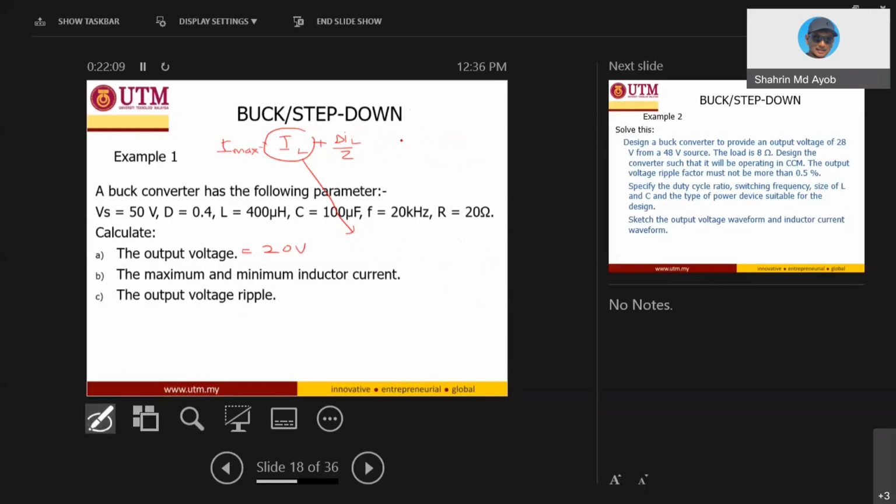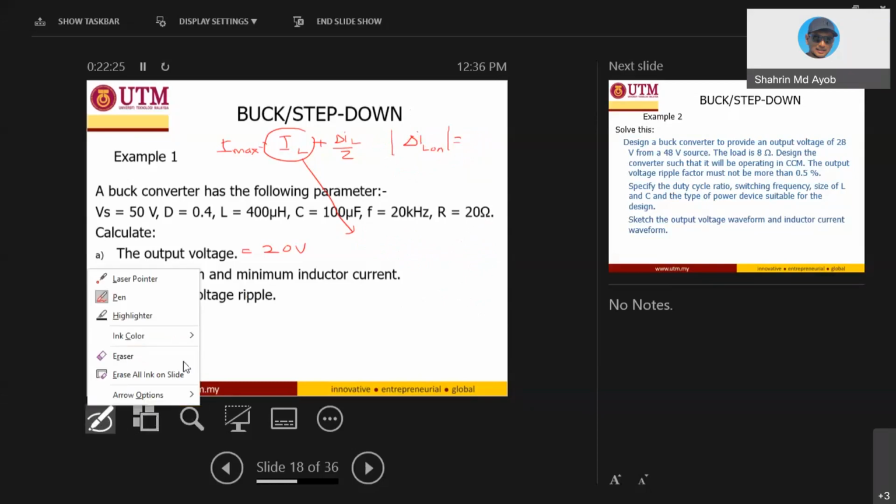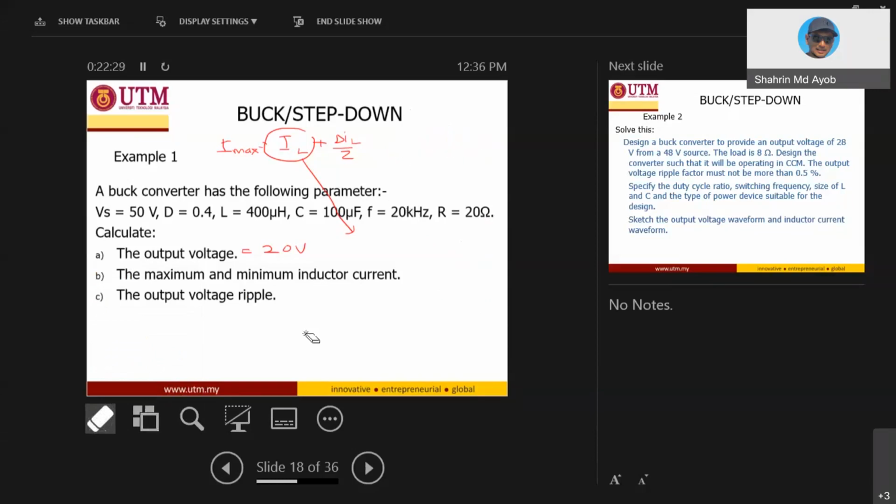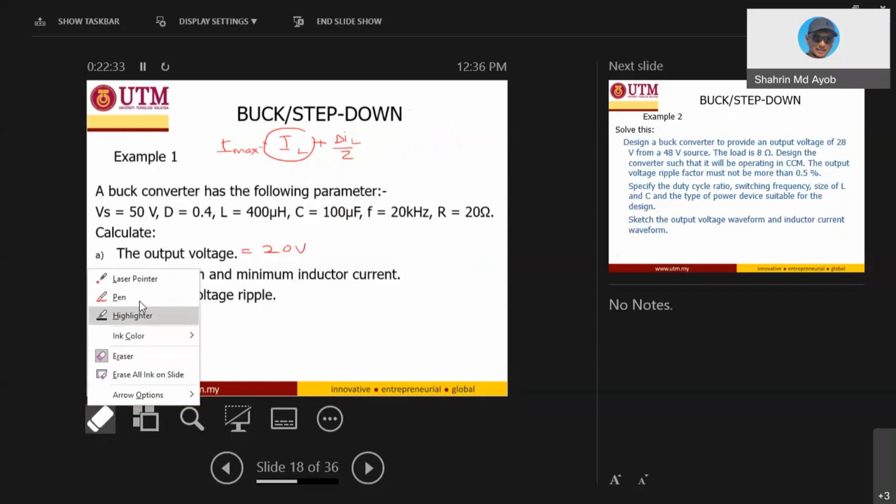You have two delta IL, which one? Delta IL during on and delta IL during off. Actually, the modulus of delta IL on is equals to... it's difficult to change this. The slide is not long enough. Even three monitors are not enough.